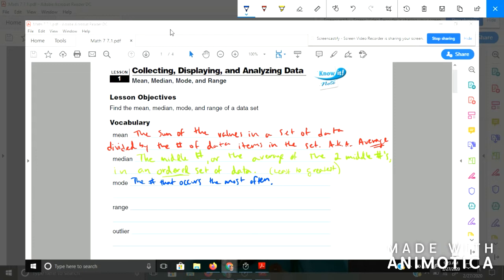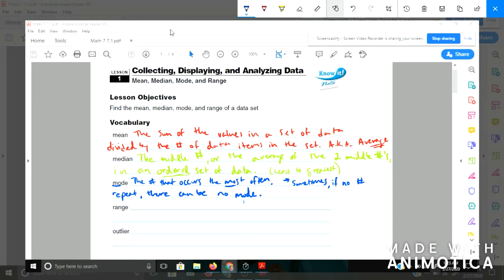So I'll just write down sometimes if no numbers repeat, there can be no mode. Sometimes on an assignment you'll see this and you might just have to write down no mode because there's no numbers that occur most often. The way I remember that is mode, M-O, and most, M-O. They both start with M-O.